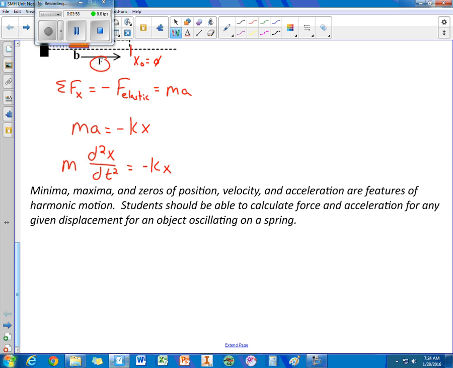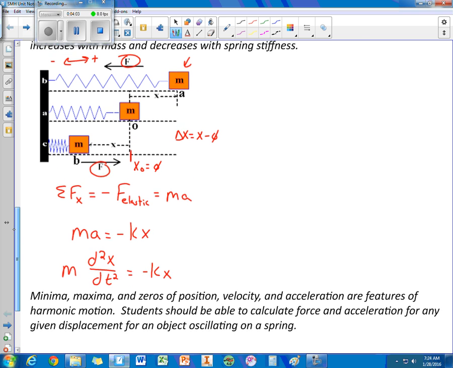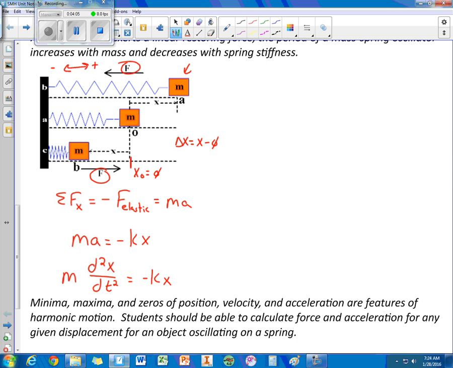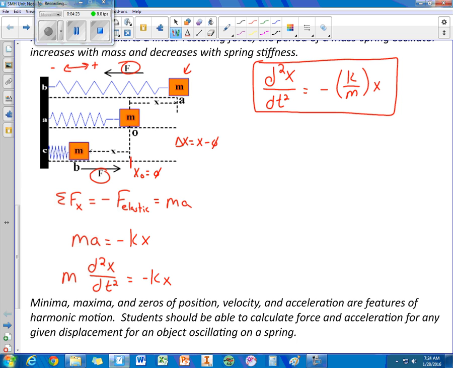So I can have this right here, and solving for the acceleration, I get this expression right here. This is something called a second order differential equation, and you will not learn how to solve these in high school. But there is a solution to this.